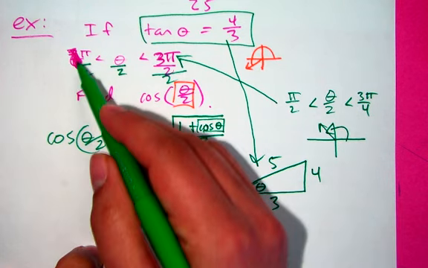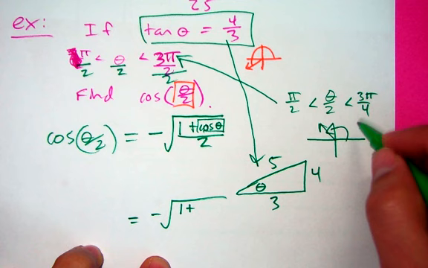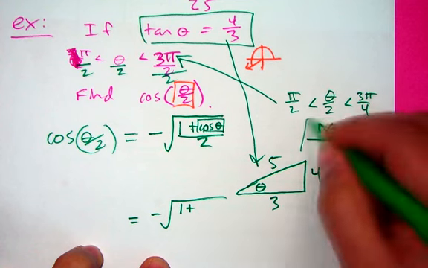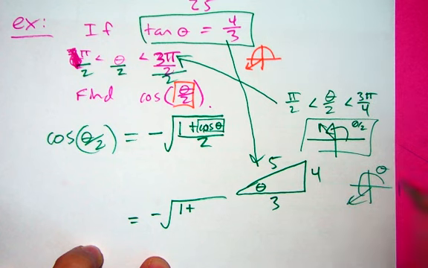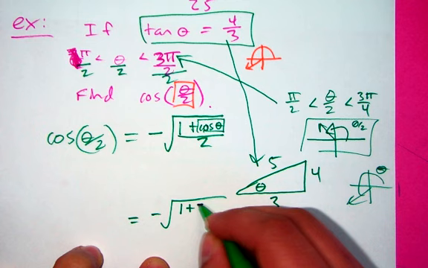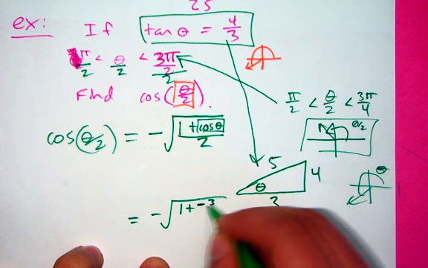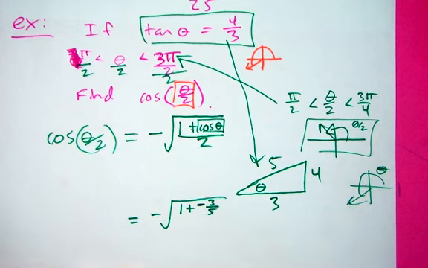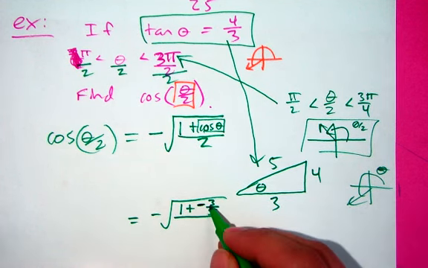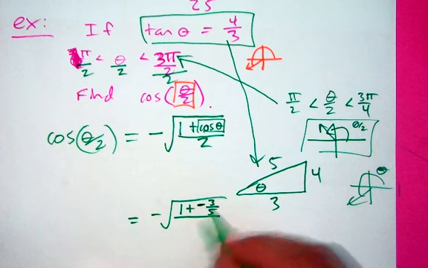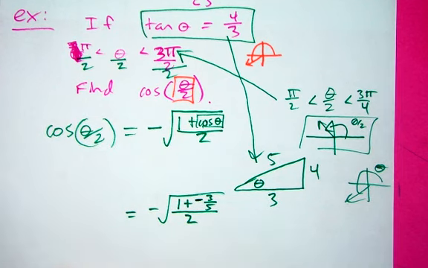Theta was originally, so I should maybe draw, this is theta over 2. Where was theta? Third quadrant. So in the third quadrant, is it clear that cosine is negative? So it's 1 plus the cosine of that angle, which will be negative 3/5, because we're in quadrant 3, divided by 2. And now we clean up.